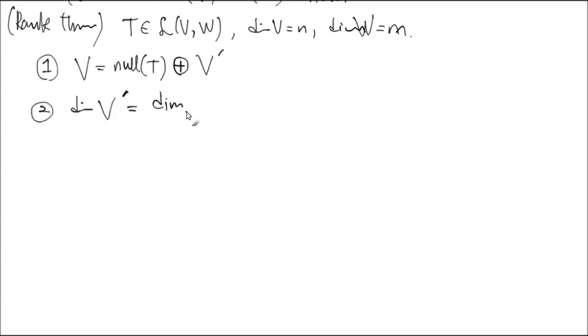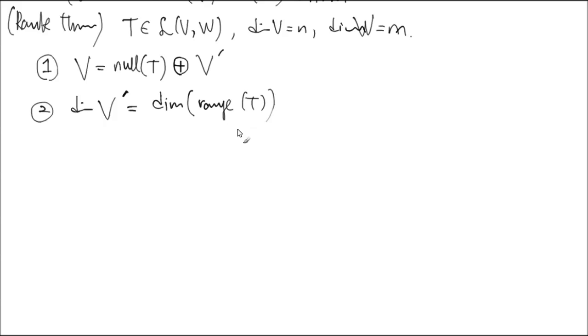Dimension of V minus dimension of the null space is what this one is, right? But that is not the dimension of something. V minus the null space is not a subspace, right? It's just a subset. So when I write down the dimension of something, it had better be a subspace. What subspace has dimension equal to the dimension of V prime? The answer is the range of T.